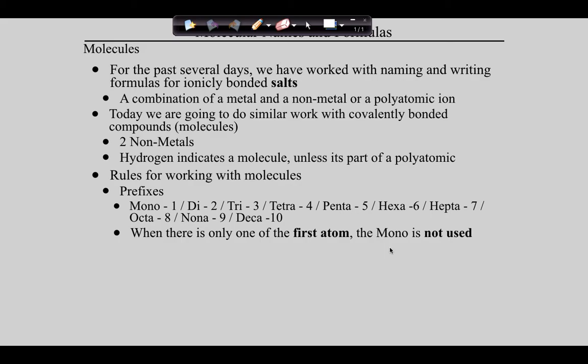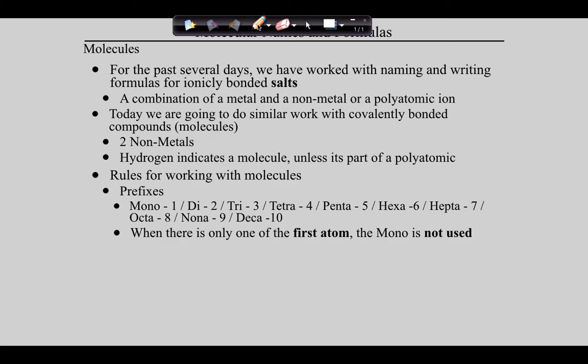When you are naming compounds, molecules, if there is only one of the first atom, you do not use mono. But guys, you actually already knew that. Again, if there's only one of the first atom, you do not use mono. But again, I would propose to you, you knew that.